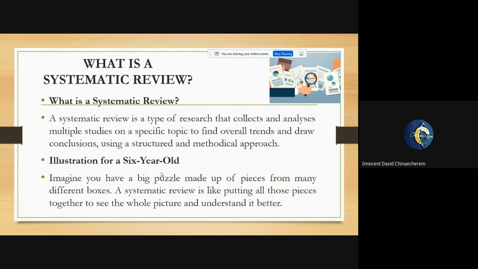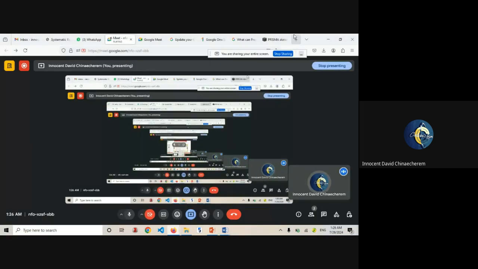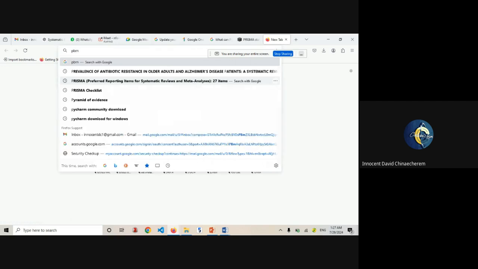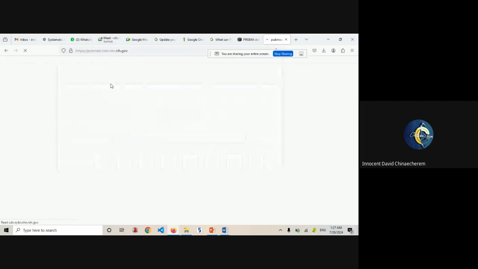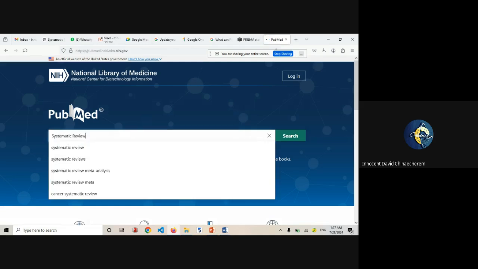So if we want to look at an example, right? You can actually go online. Let's say you go to PubMed, for example. You just insert the keyword systematic review.